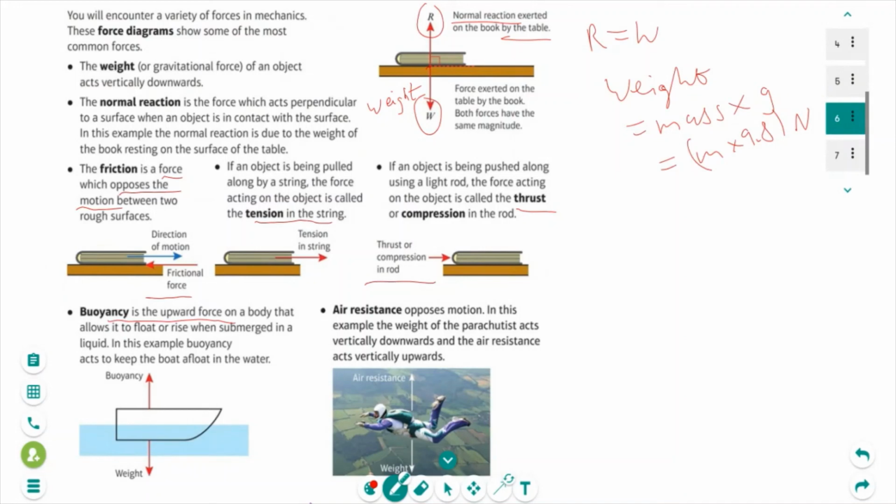Okay, air resistance you've seen. So you've got the weight of the skydiver and you've got the air resistance acting upwards. Okay, so that's an introduction to some of the ideas. It will make more sense when we do chapters 9 and 10. That's just some of the ideas.